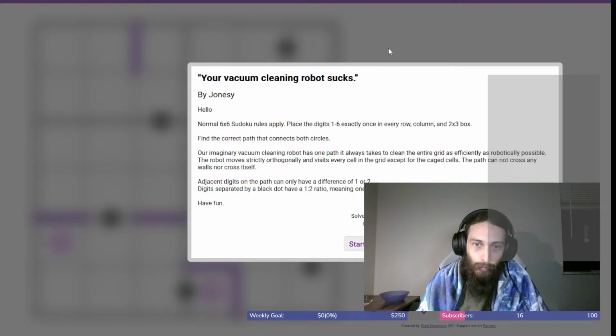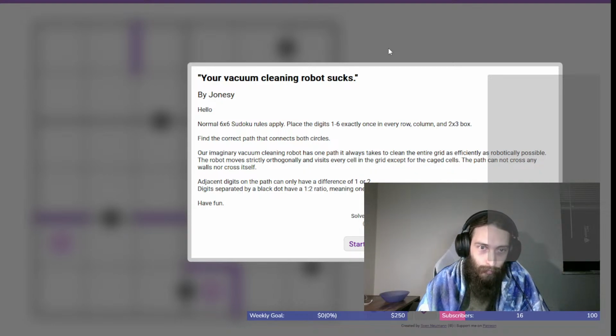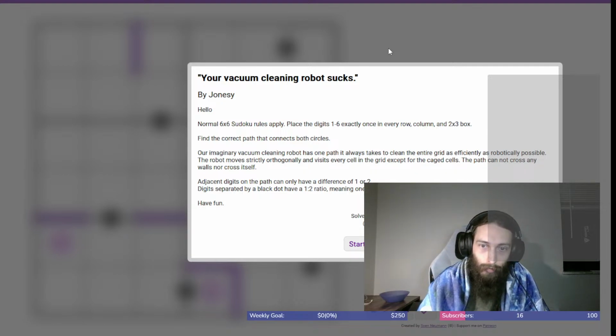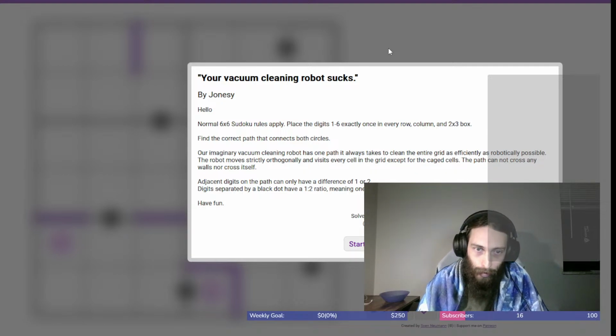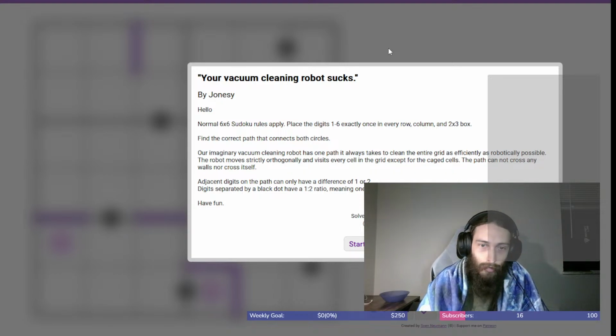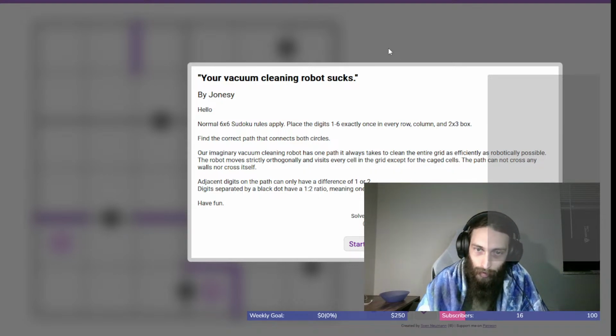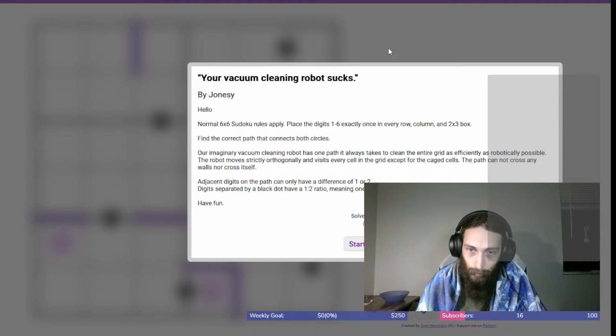Your vacuum cleaning robot sucks by Jonesy. Hello. Normal 6x6 Sudoku rules apply. Place the digits 1 through 6 exactly once in every row, column, and 2x3 box. Find the correct path that connects both circles. Our imaginary vacuum cleaning robot has one path it always takes to clean the entire grid as efficiently as robotically possible.